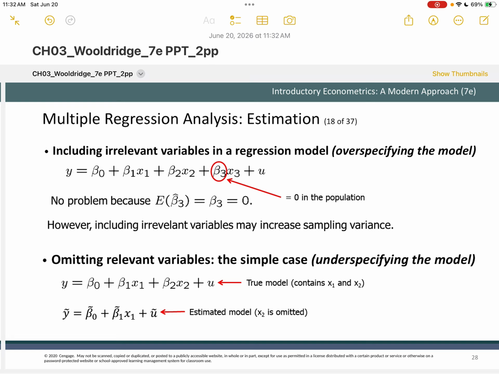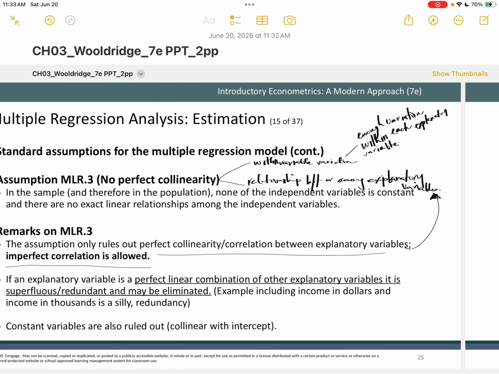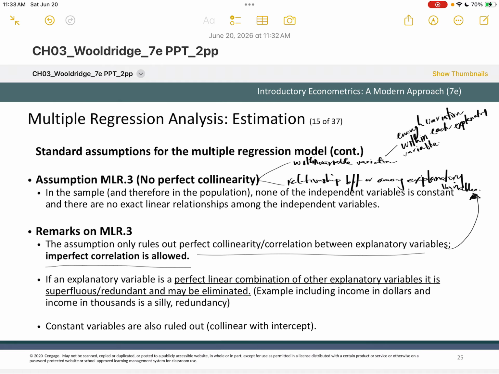Okay, moving on. Can we overspecify the model? Yes, we can. We can naively include irrelevant variables, which will create a larger model, and therefore we end up with a larger sampling variance. When we include irrelevant variables, does that violate the third assumption, no multicollinearity?